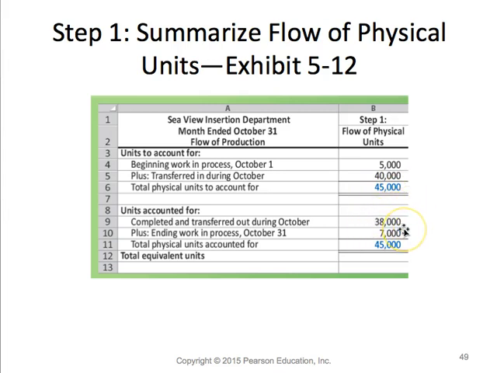Here we have different numbers: 38,000 units have been finished in this department, the insertion department, and then there are 7,000 units in ending work in process, for a total of 45,000. So they are always the same numbers.